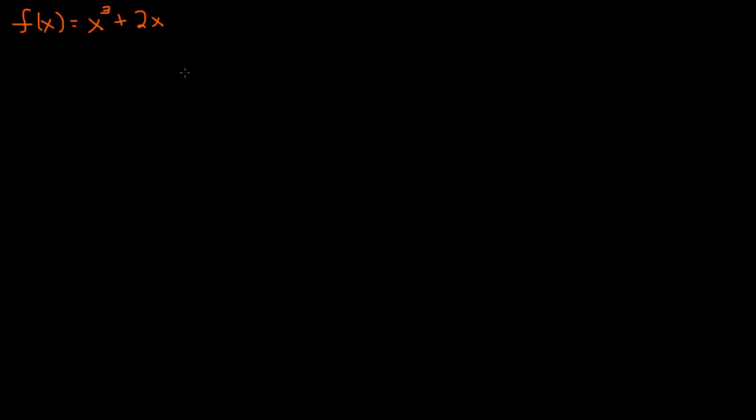Again, we're not looking for a specific slope here. We're looking for the derivative function. So we can say that f prime of x, that is the derivative function, is equal to the limit as delta x approaches 0 of f at x plus delta x.